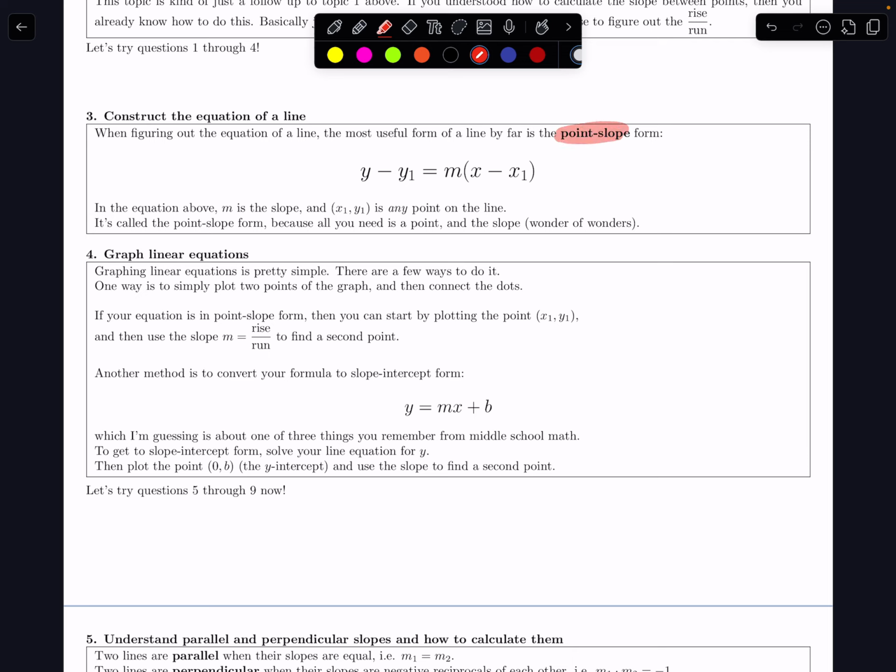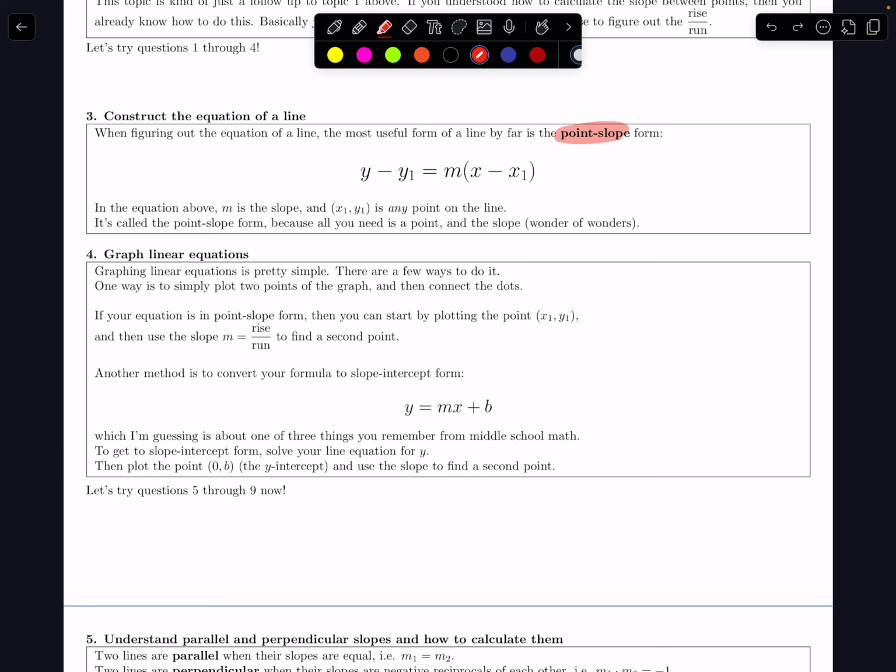And why is it called point-slope form? Because all you need is any point, x1, y1, and the slope, which is m, and then you get the equation right away. And not only do you get the equation, but you can use that equation to plot your graph already, actually. Okay, so let's talk about what the equation says.